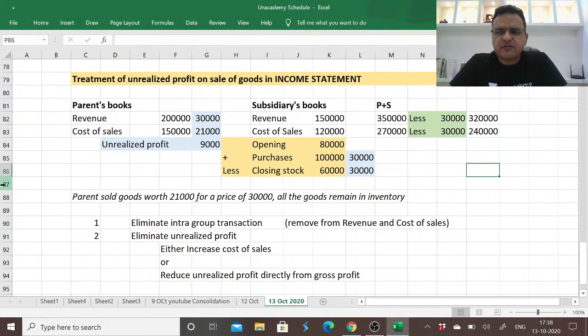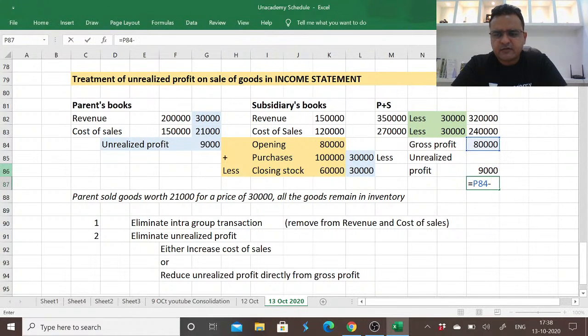So one way is to increase the cost of sales. If you increase cost of sales here by 9,000, the gross profit is, say, 320 minus 240. One way is to remove 9,000 of unrealized profit from here: $80,000 minus 9,000.